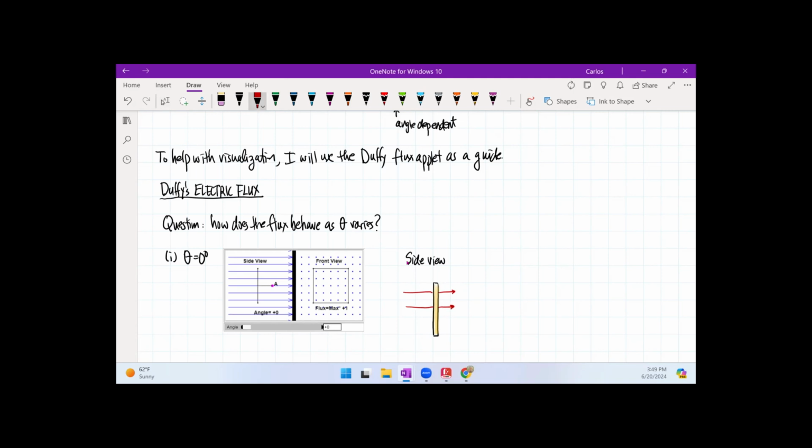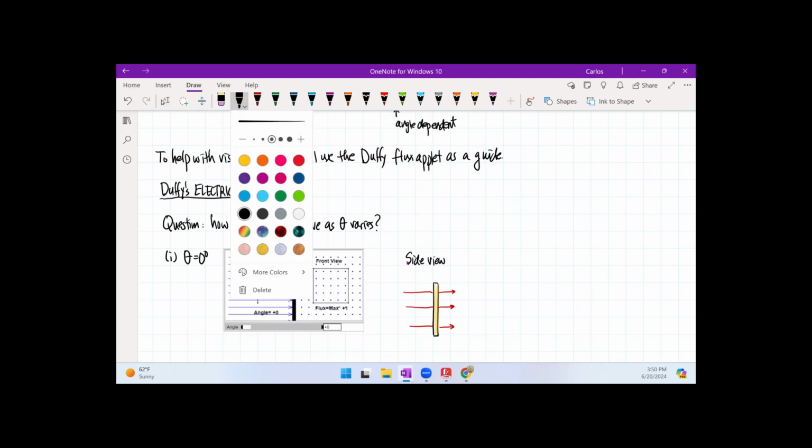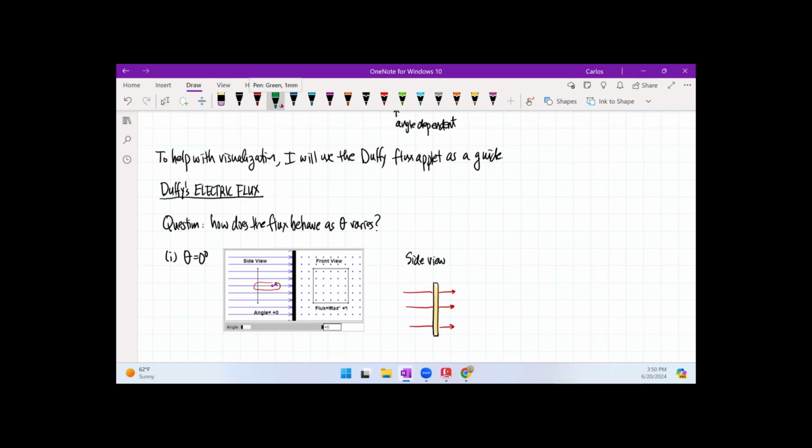Now, I'm not going to draw all 25 lines, but we have a field that's going there. Now, when I look at the area vector, and you could see the area vector right here, right? This is the area vector right there. You're seeing here that I have an area vector that then is going to be in this direction right there.